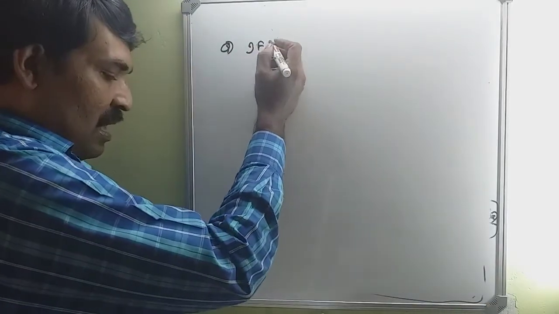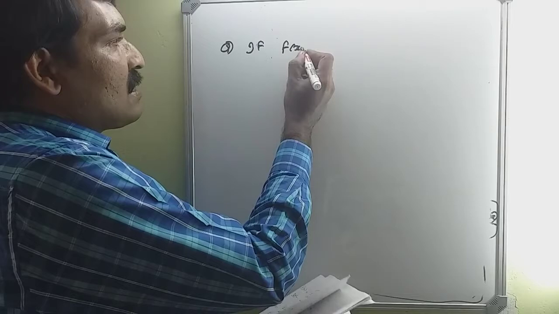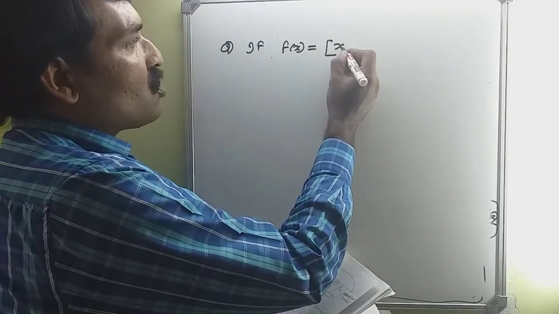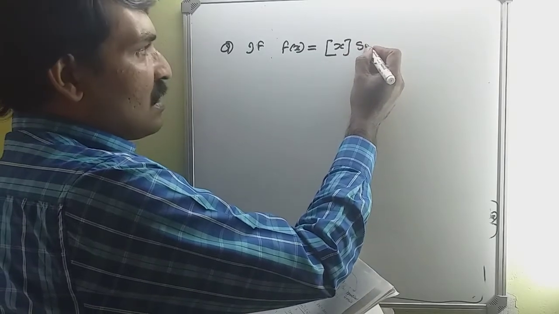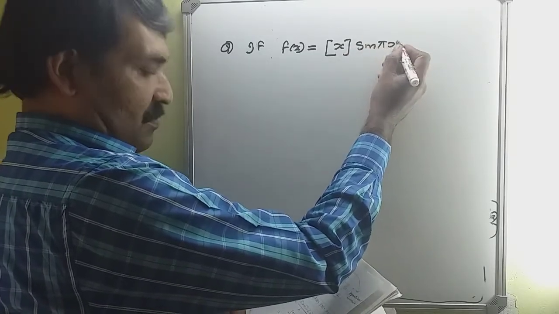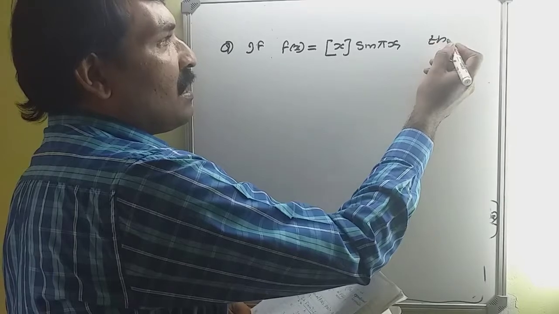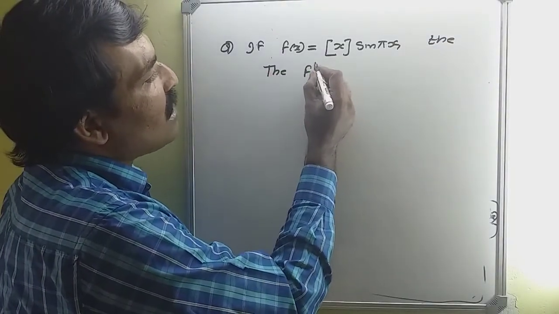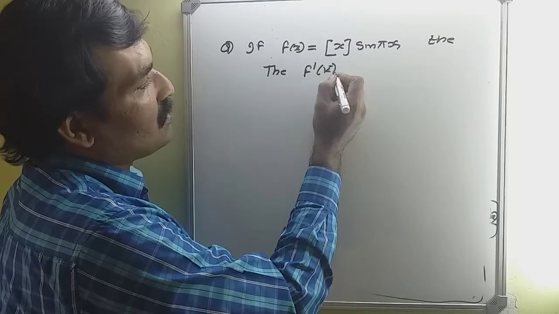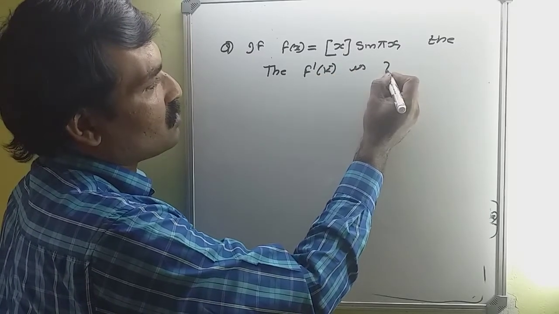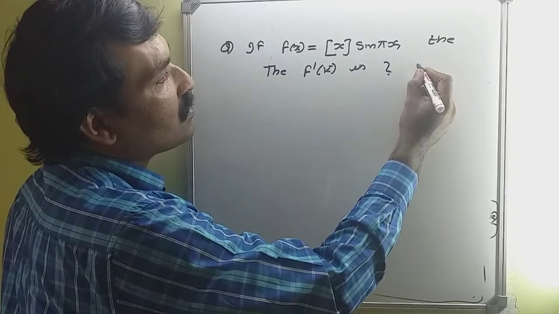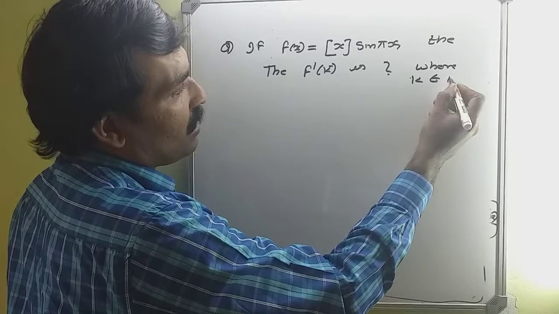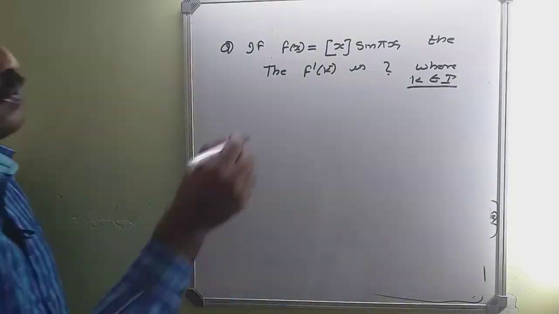If f of x is equal to greatest integer function of x into sin pi x, then f dash k minus is a question, where k belongs to the set I of integers.